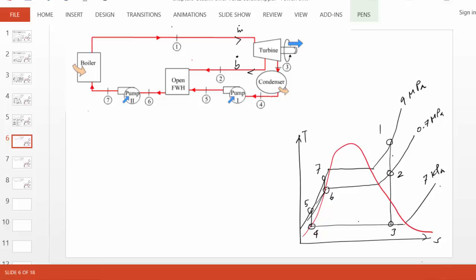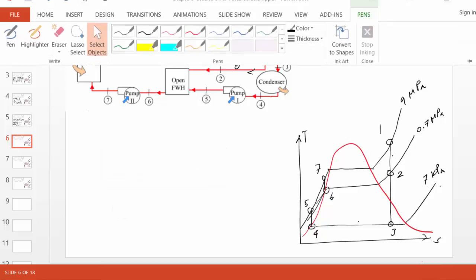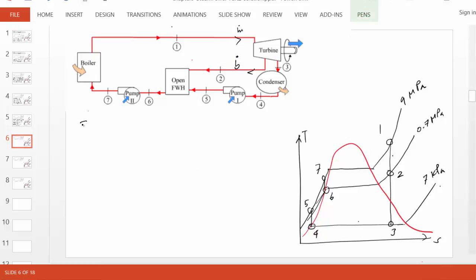State 4 should be simple because we know the quality. State 4 we know again pressure is known and the quality is 0, saturated liquid. So that gives us enthalpy at state 4 relatively simply as 163.